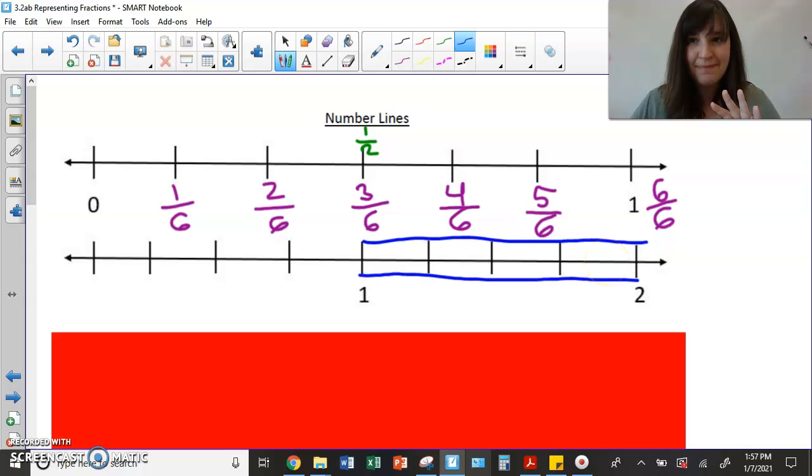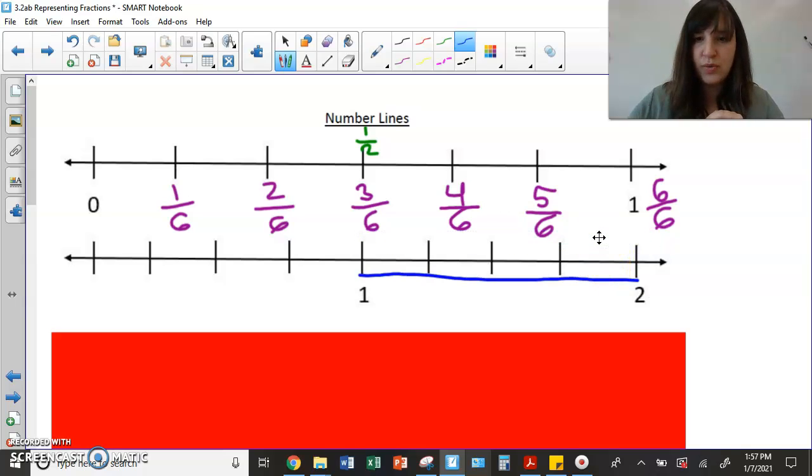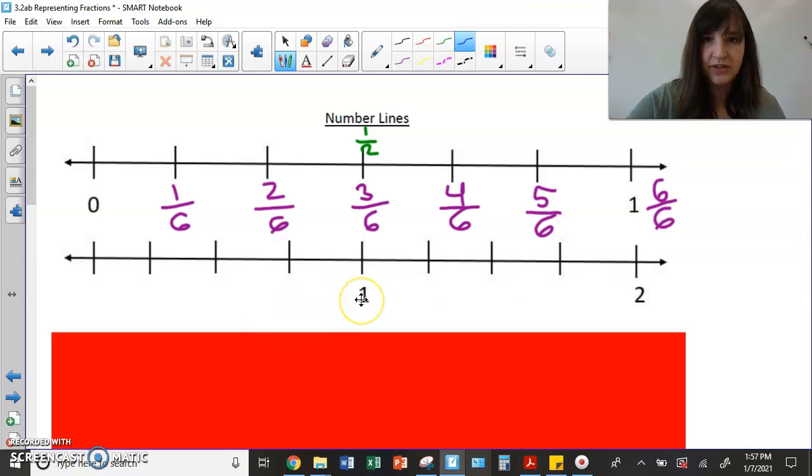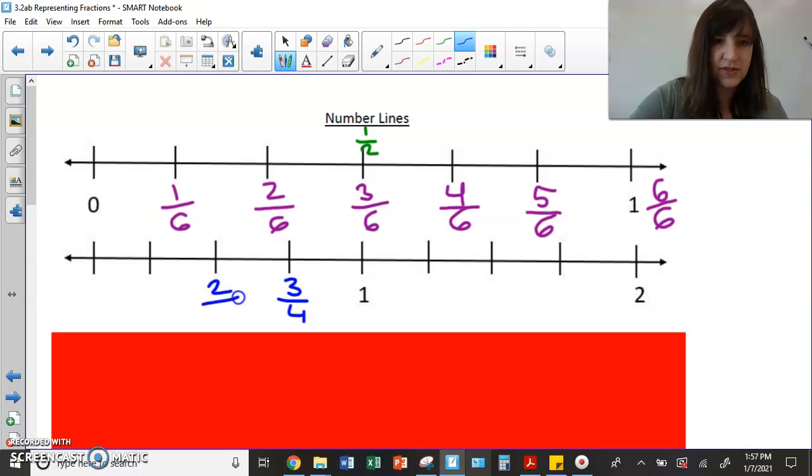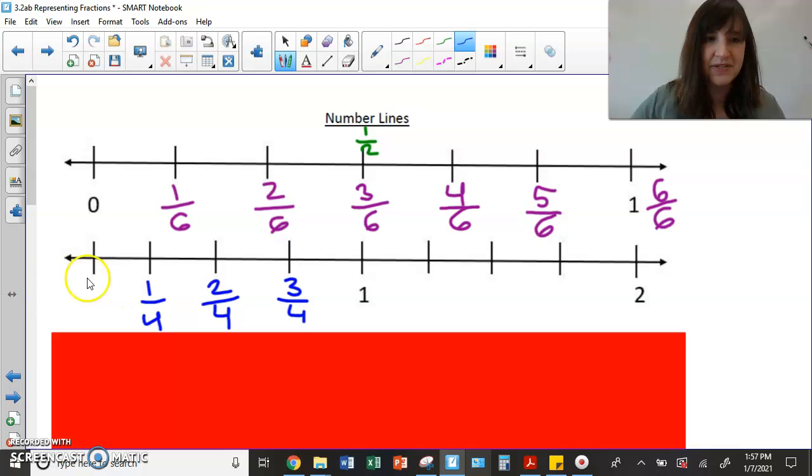Okay, so that means that each one of these parts is fourths. Okay, so 1 whole would be equal to 4 fourths. So if this is 4 fourths, then less than it would be 3 fourths, then this would be 2 fourths, this would be 1 fourth, and this right here would be 0 fourths. And we know that 0 fourths is really just 0.